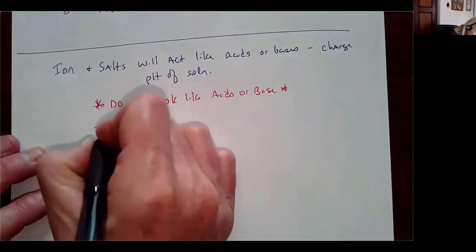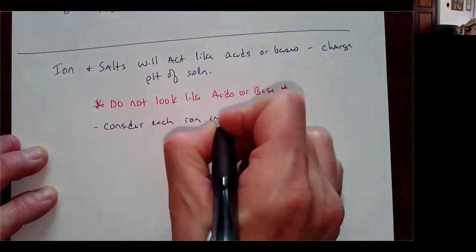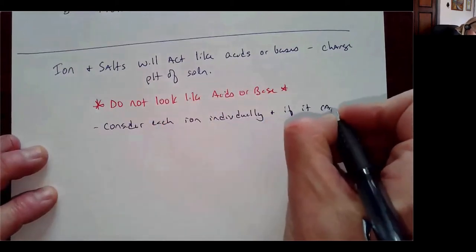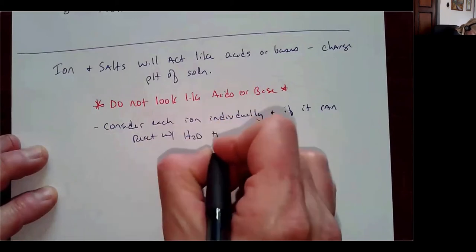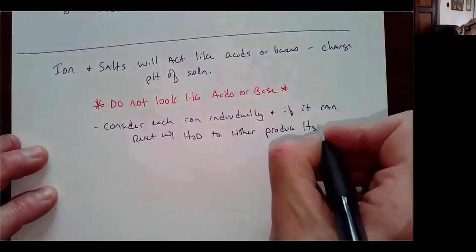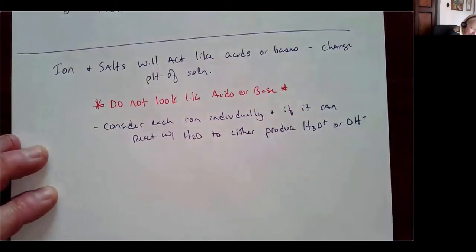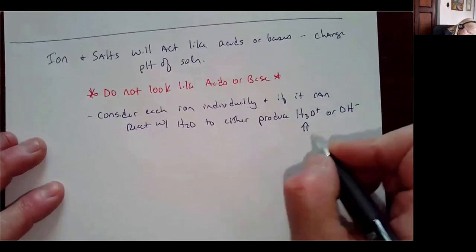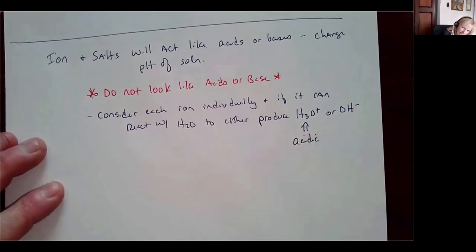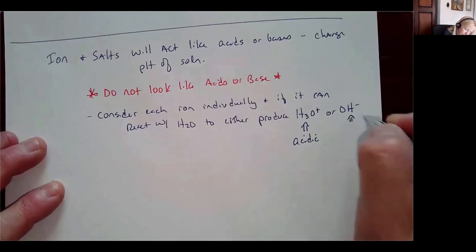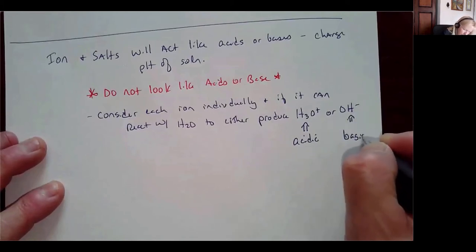We're going to consider each ion individually, and if it can react with water to produce H3O plus or OH minus. If it produces H3O plus, then it's creating an acidic environment. If it produces OH minus, it's producing a basic environment.